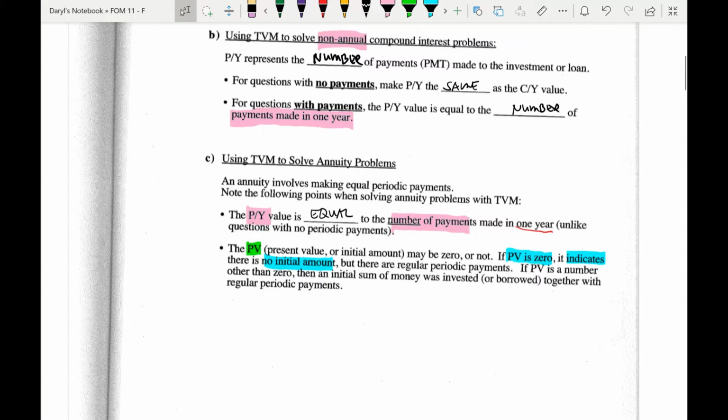If PV is a number other than 0, then an initial sum of money was invested or borrowed together with the regular periodic payments.